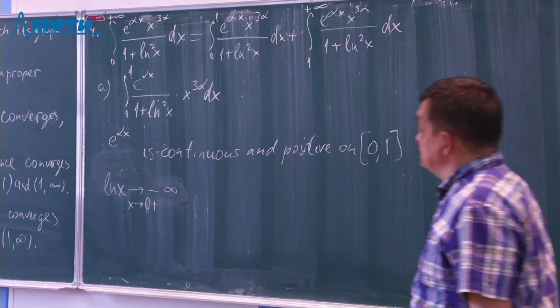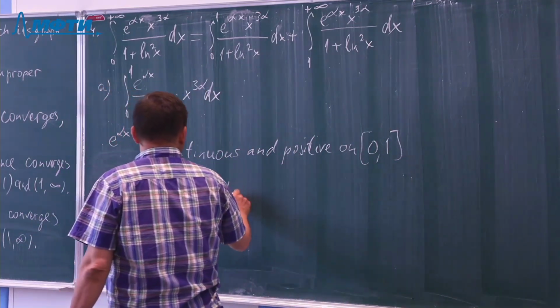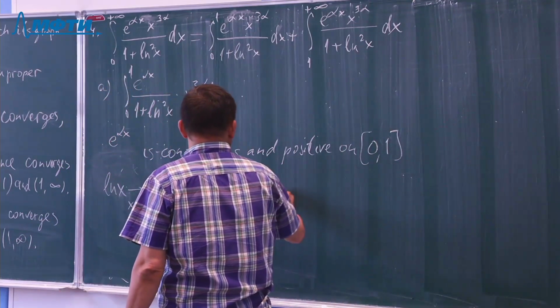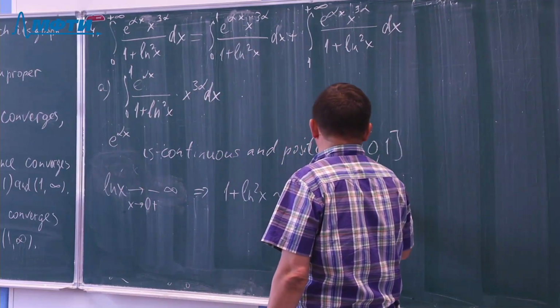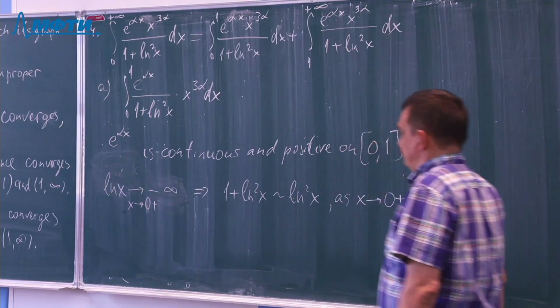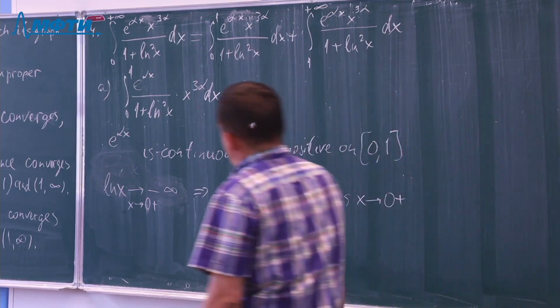So it means that 1 plus logarithm squared x is equivalent to logarithm squared x as x tends to 0 plus. They are equivalent.